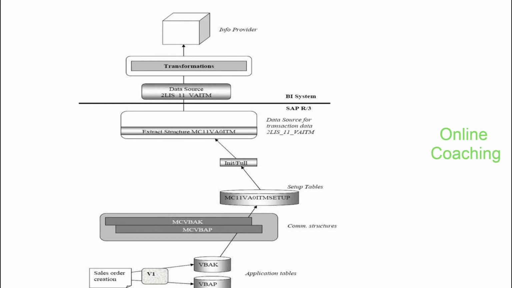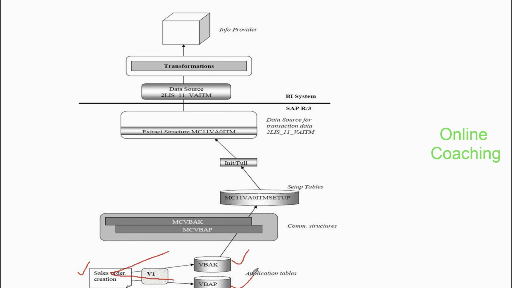So how does this full load happen in a LO extraction scenario? Let's take the scenario here. I have a data flow here. If any user creates a new document, and I am loading this document for the first time using LO extraction, the data will be divided into two tables. These two tables we call applications.